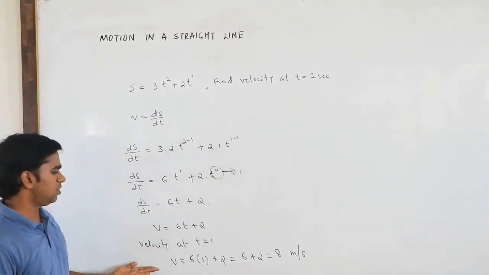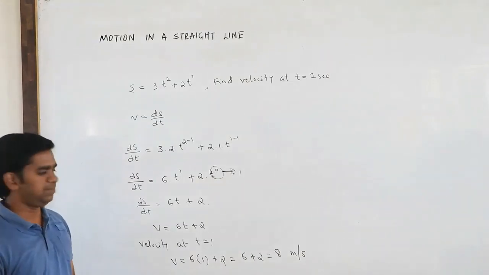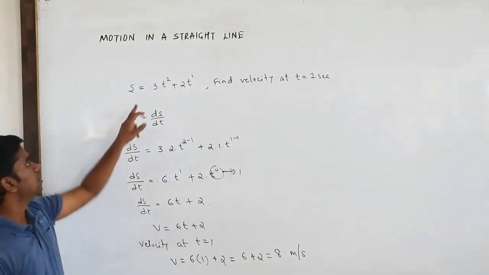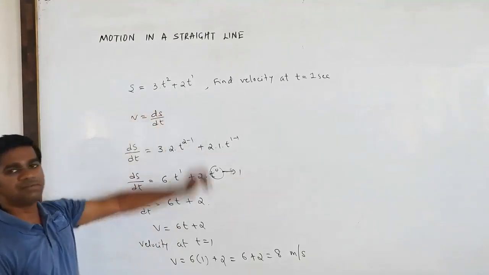Okay. So this is how you can calculate the velocity from the given distance or displacement in terms of time. Okay.